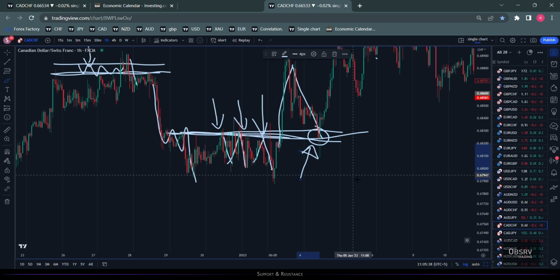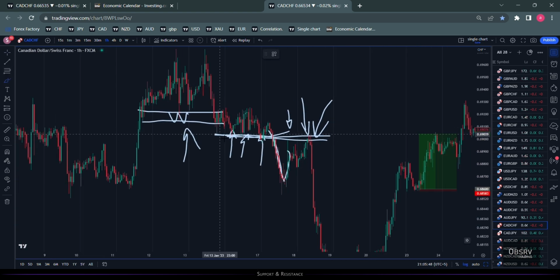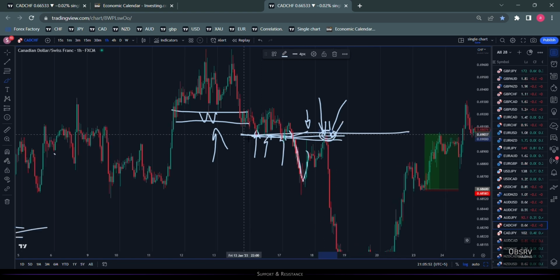As we remember, support is below you, resistance is above you. So anything up in the air, like here, would be a resistance. But this, where the price is reacting from to go north, is a support. Where the price is reacting from to go south is a resistance.